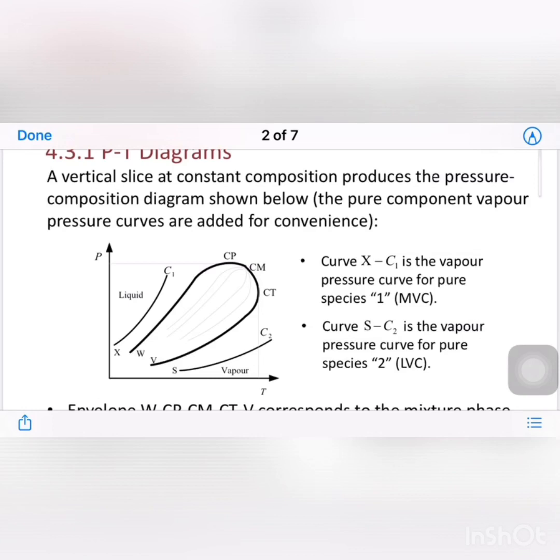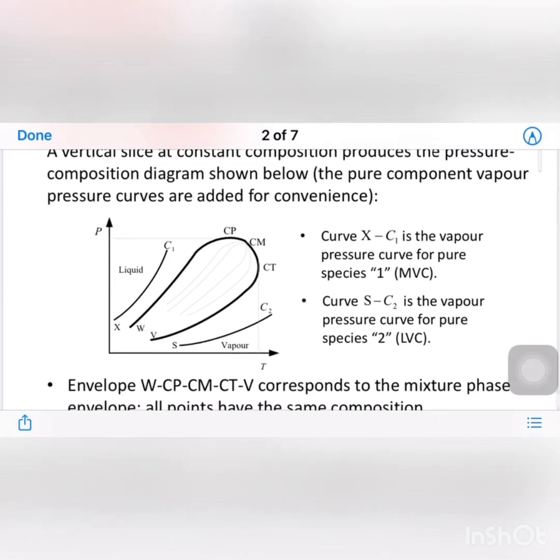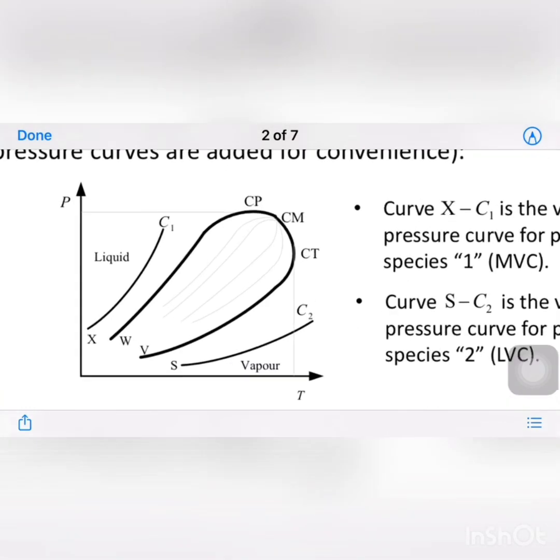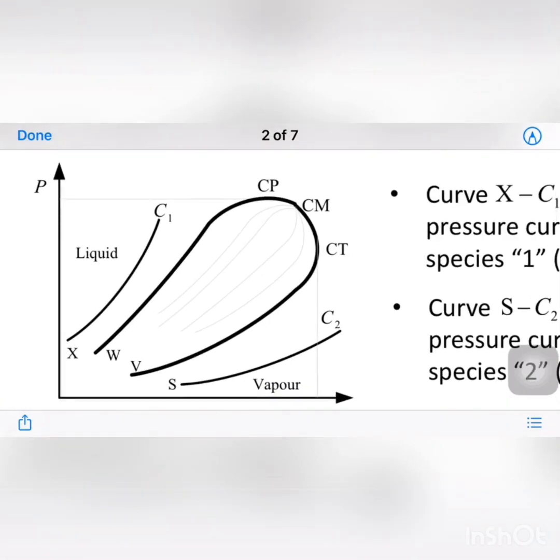Of course, C1 and C2 are related to pure species 1 and 2 respectively. Here we have the curve related to our mixture.